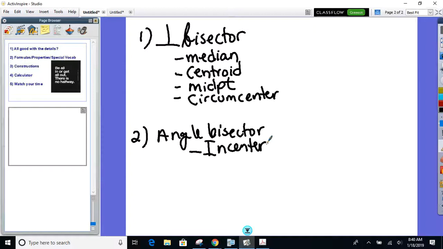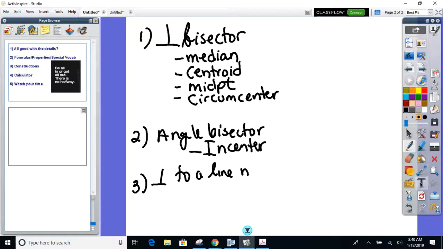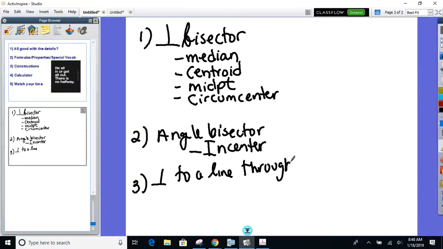What would get you to an altitude? Perpendicular to a line through a point not on the line. So perpendicular to a line through a point not on the line.